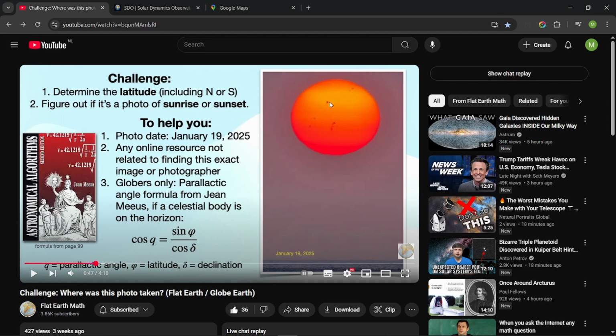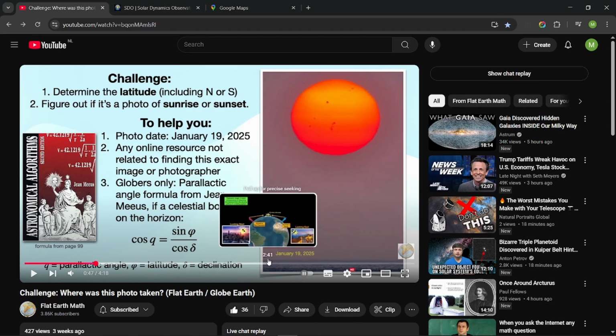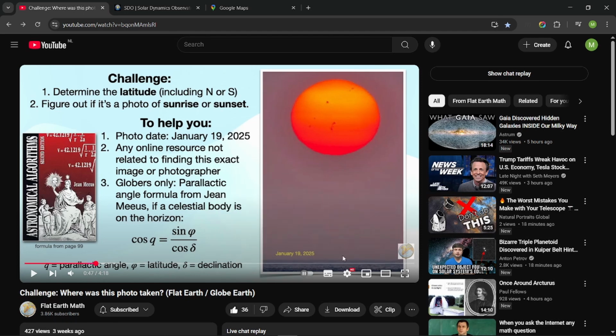So the angle is going to be measured with regards to the zenith, which means that it's basically referenced to the horizon. And we see here the horizon is nice and flat in this picture, so we do not have to compensate for that.